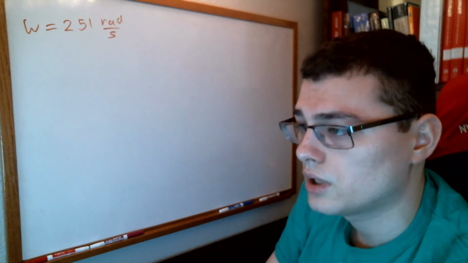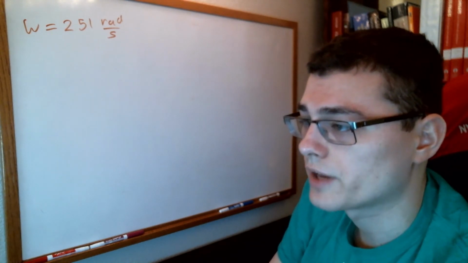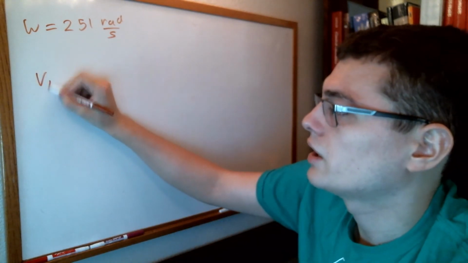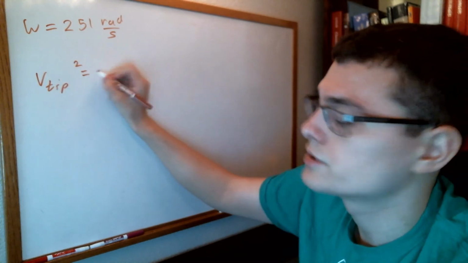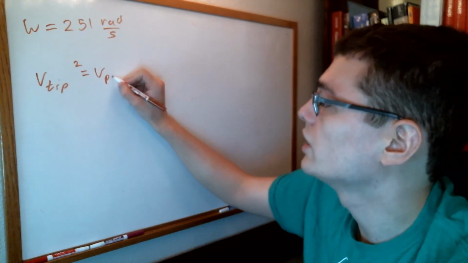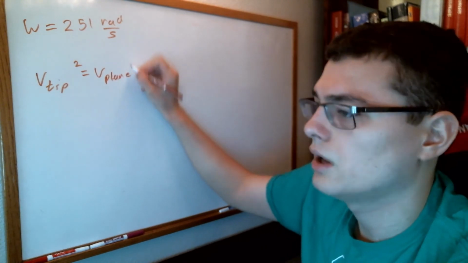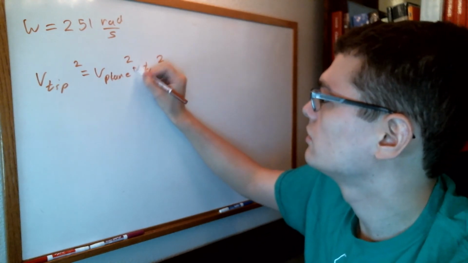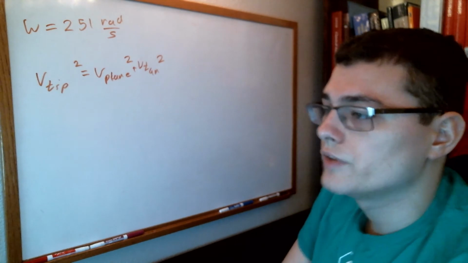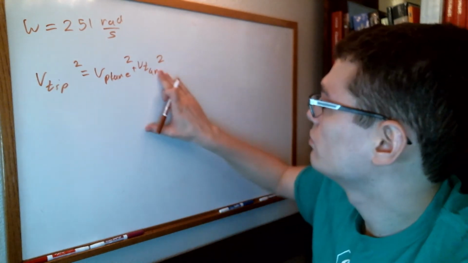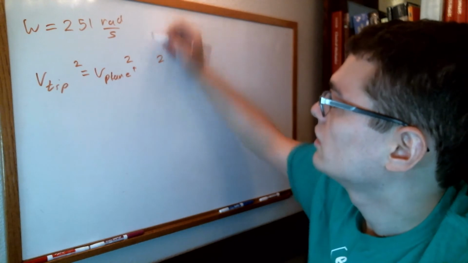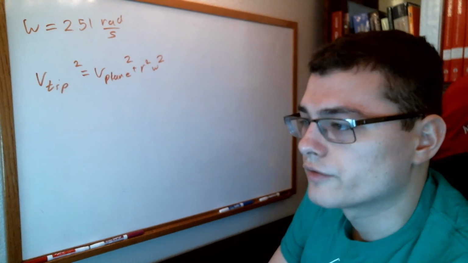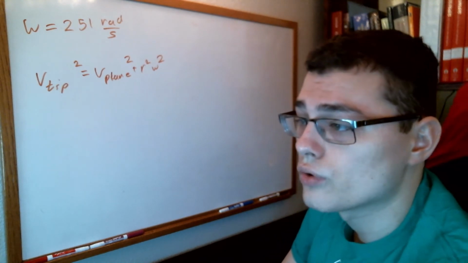Okay, so here we have to use the Pythagorean theorem in order to solve this problem. We get that v tip is going to be equal to the v of the plane squared plus v tangential. And v tangential, we can just substitute in r omega, and that will give us r squared omega squared. From here we can solve for r.